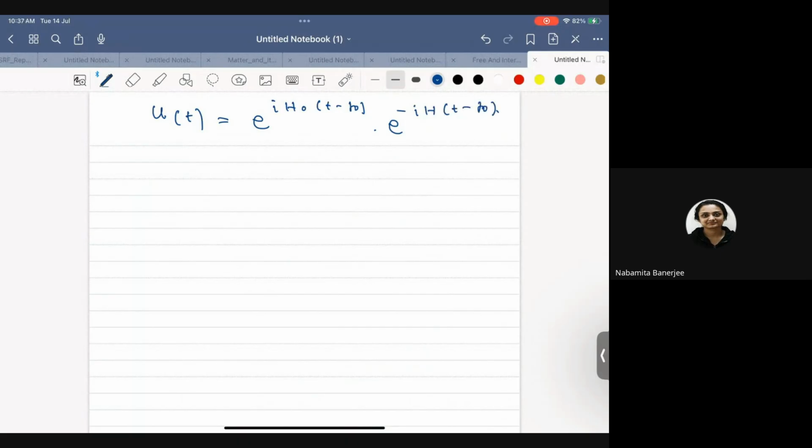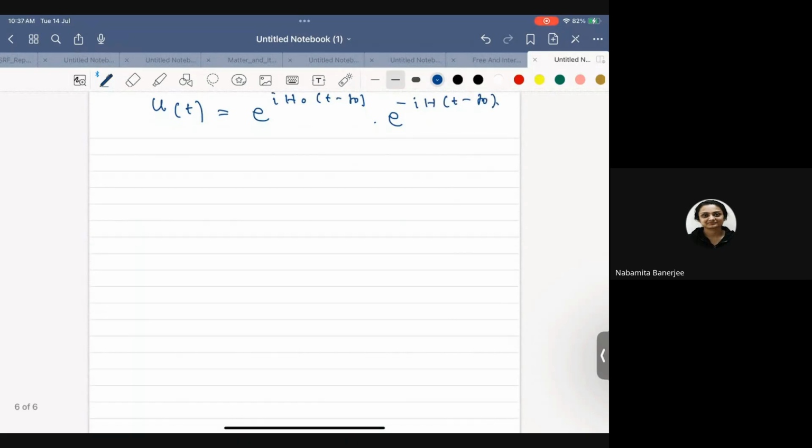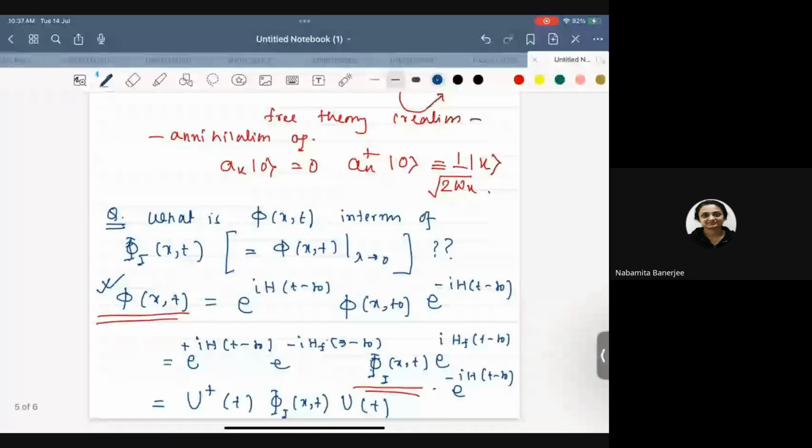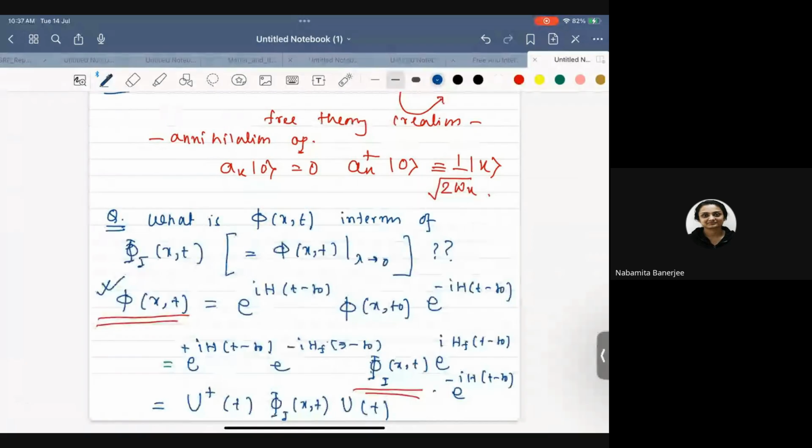Okay? So, in the interacting theory, the operator is time evolving with respect to a free theory operator via this object U. This is not, U is not just exponential of i times Hamiltonian times time. That's not what it is.